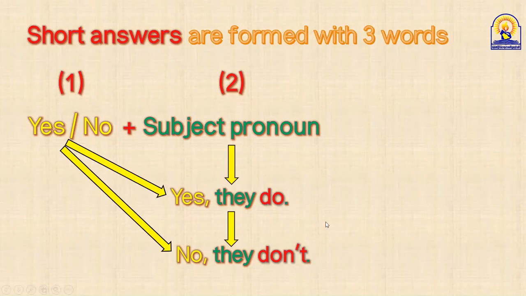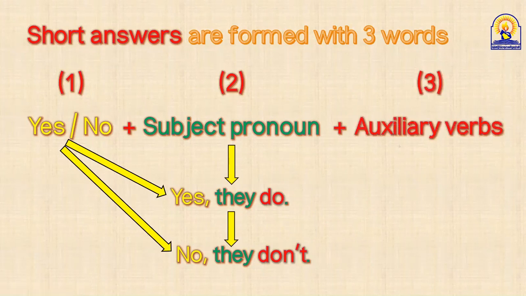Who can tell us what we call this? Yes, Khalid? Do and don't are auxiliary verbs. Excellent. That is the benefit of auxiliary verbs, we must learn them by heart. So number 3, you must use an auxiliary verb.